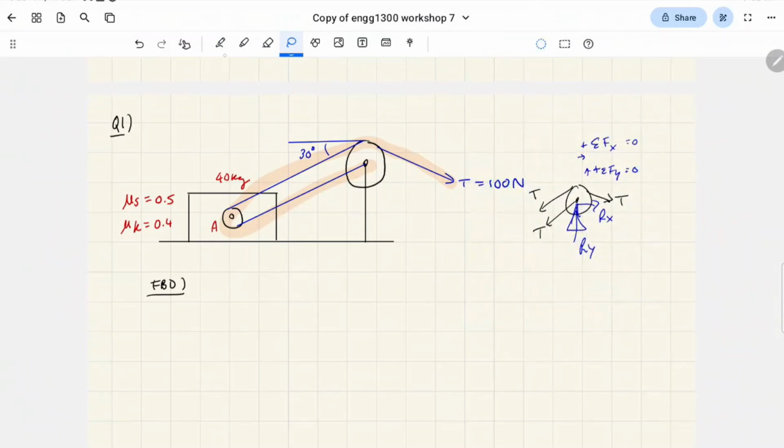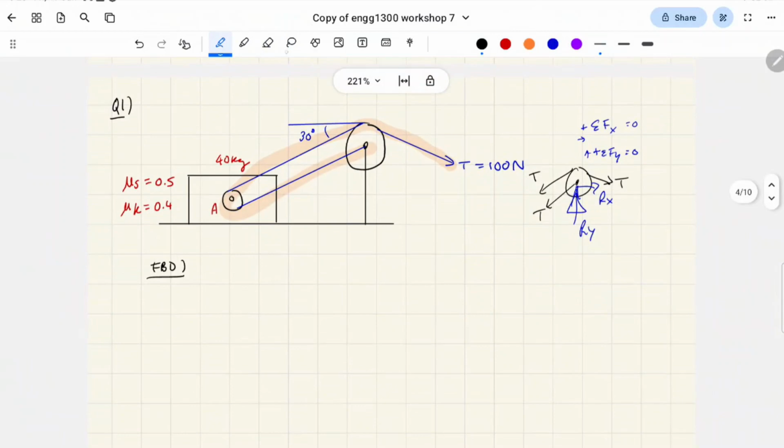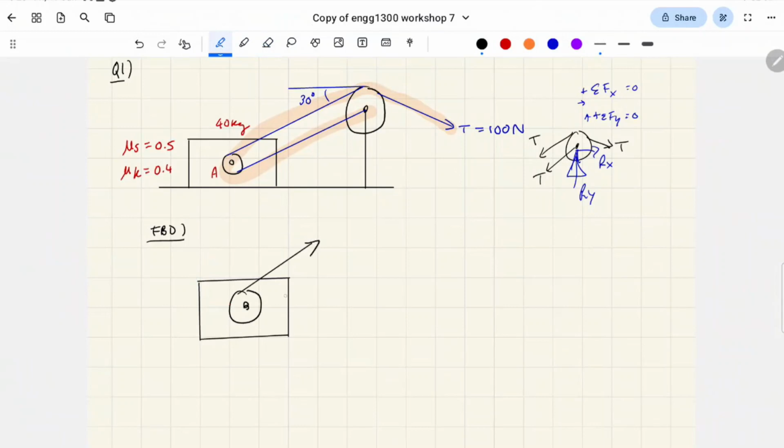Yeah, what we want to be doing is analyzing the free body diagram at the box, right, with the moving pulley. So what that'll look like is this. Alright, I'm going to start with the moving pulley. So this is the same piece of rope, right?